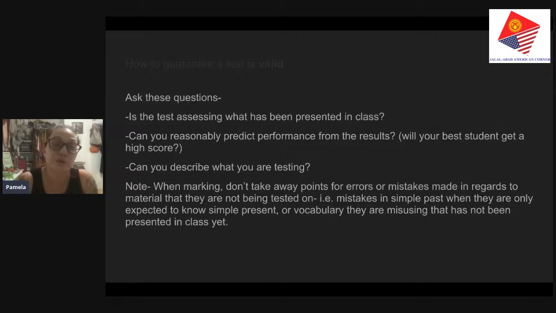If they're performing well in class, they should be performing well in the test, because we're working towards the test.